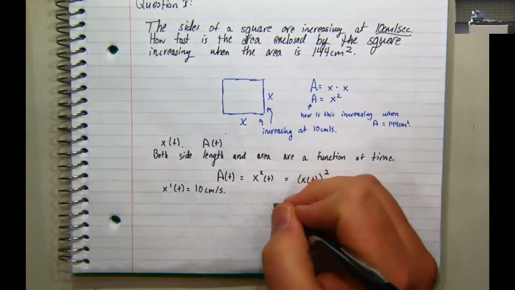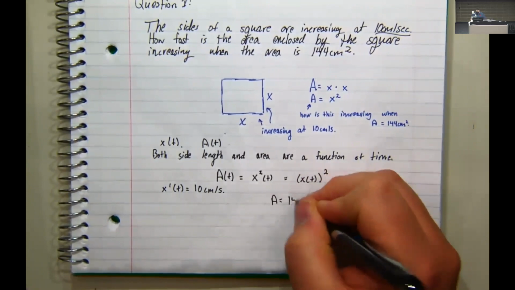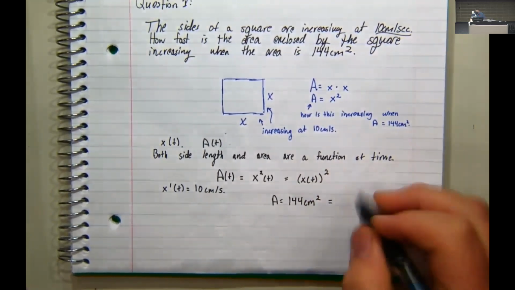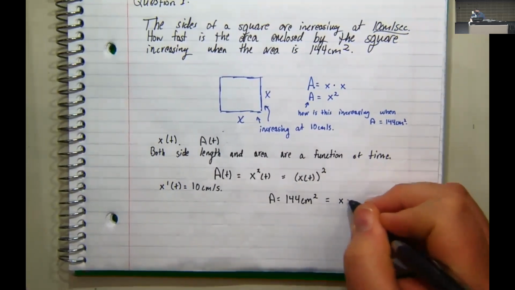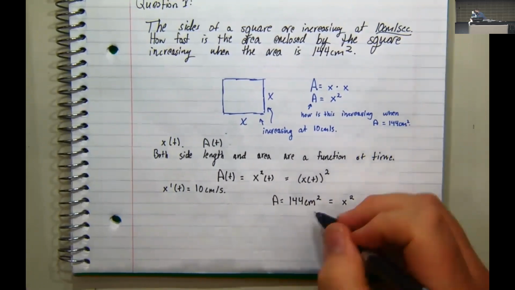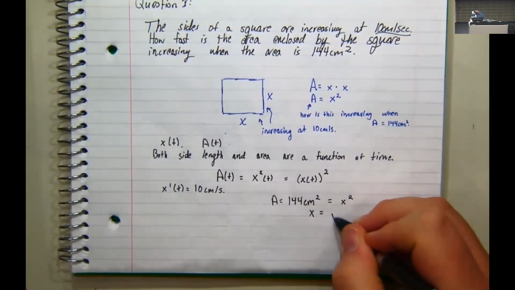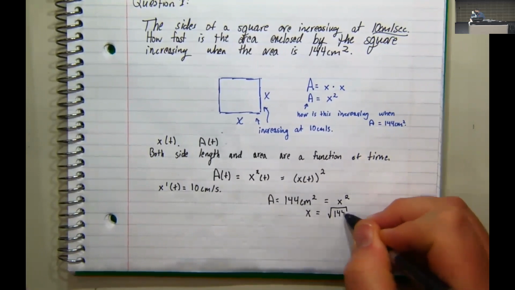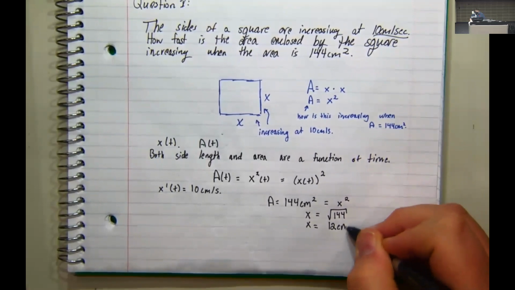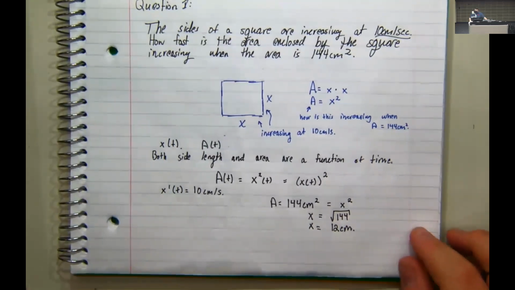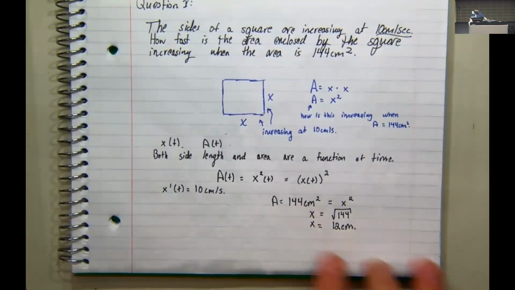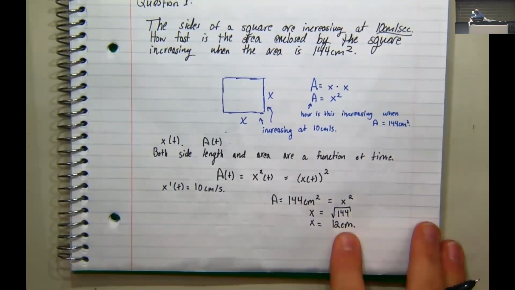So if our area is equal to 144 centimeters squared, and this is equal to x squared, then if we rearrange to find x, that means x is the square root of 144. x equals 12 centimeters. So this is also saying when the area is 144 centimeters squared, the side length is 12 centimeters.